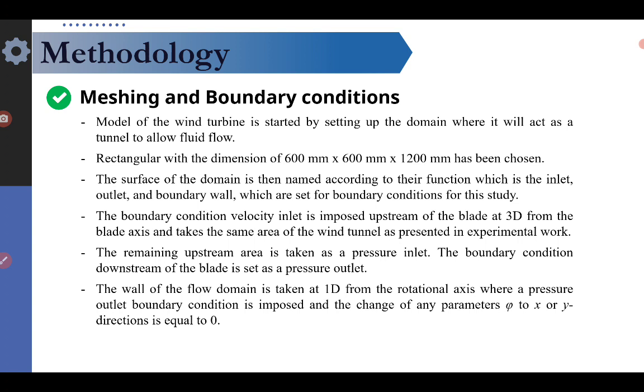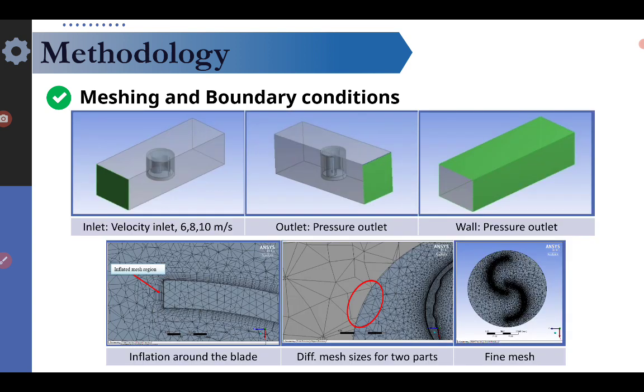For the meshing and boundary conditions, we have a rectangular domain with dimensions of 600 by 600 by 1200 millimeters. This is the figure that I use for this simulation. This one is the inlet velocity boundary condition, the outlet pressure, and then the wall, and here is the Savonius wind turbine inside the box.